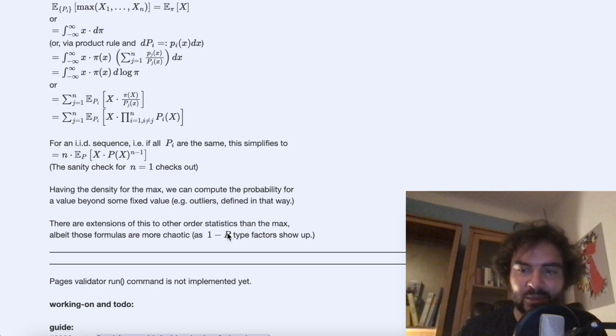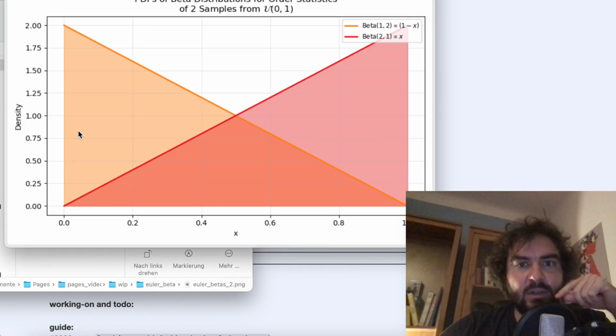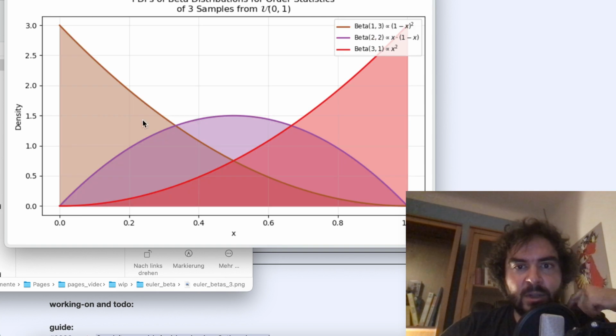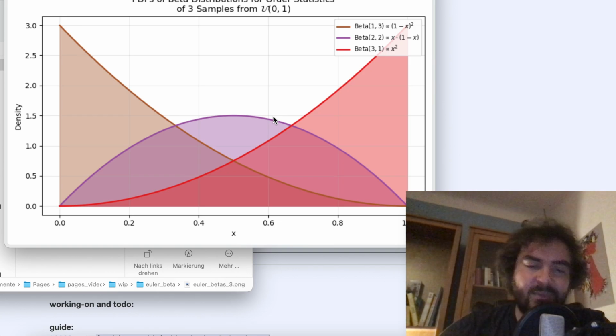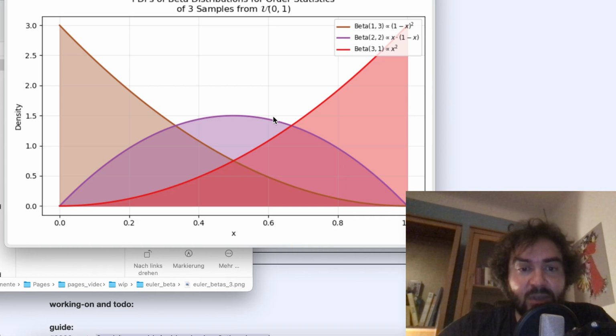1 minus the distribution. And this leads me back to the form of the beta distribution. So let me take one more complicated example. Here, this is the situation with 3 dice, or with 3 uniform samples drawn from the continuous interval.